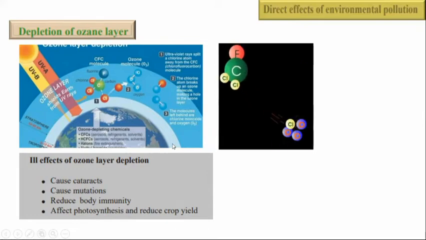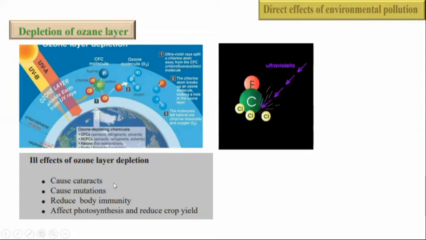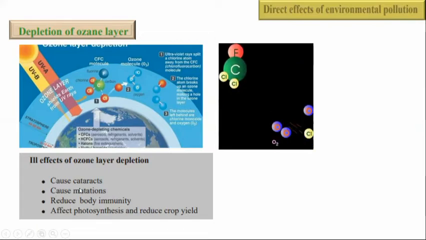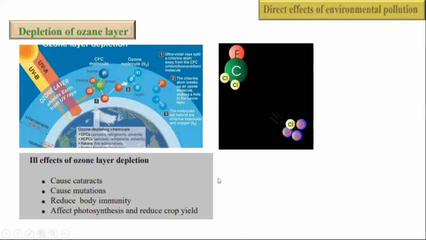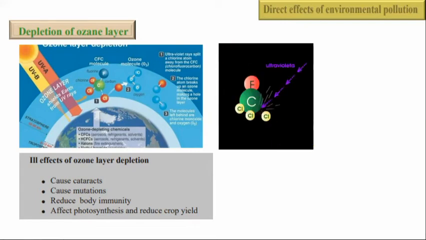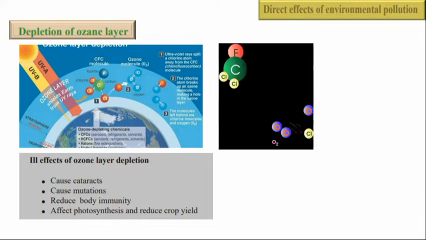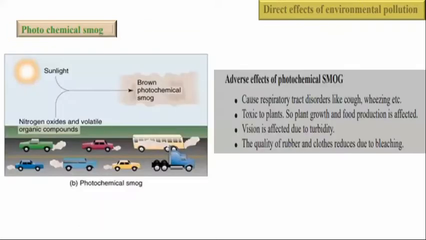So what are the ill effects? They cause cataracts, they cause mutations, and our body immunity is reduced, and it also affects photosynthesis and reduces the crop yield. Okay, so that is called the depletion of the ozone layer, right?